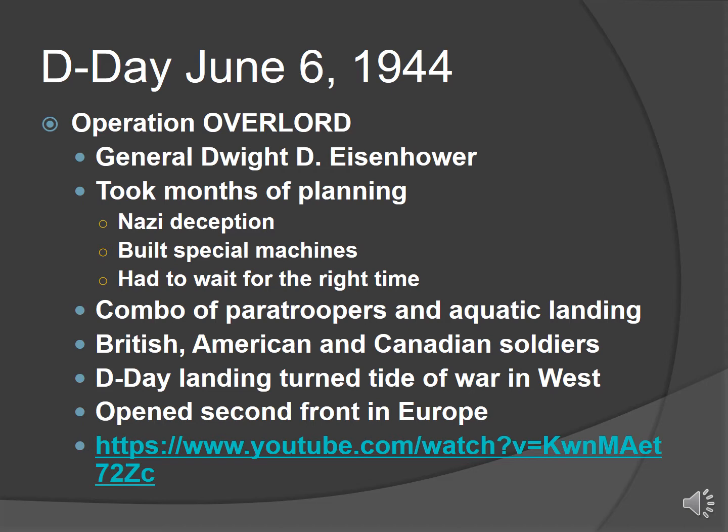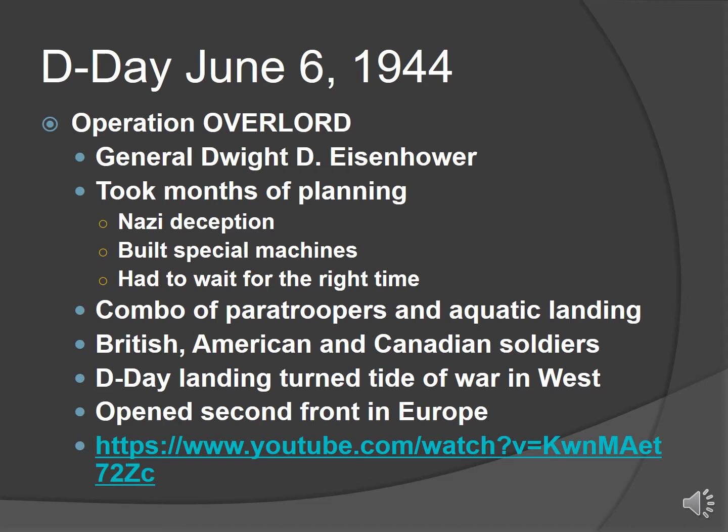But what they did was they sent out false radio transmissions, and they built an inflatable fake army that they basically built up at Dover to get the Nazis to think that that army was mobilizing for an invasion there at Calais. So if the Nazis flew reconnaissance missions over Dover, they would see this army building up.